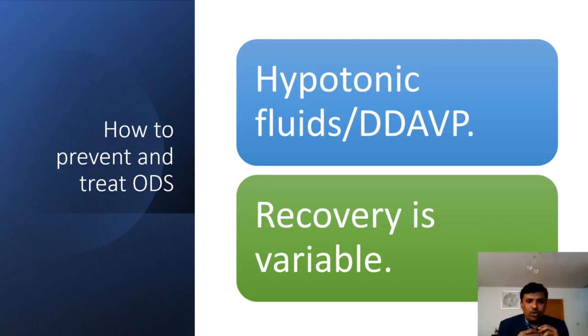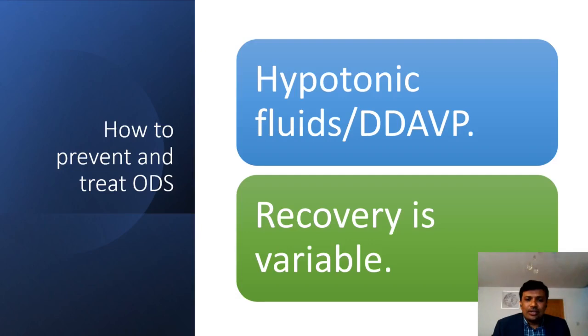Suppose you happen to have overcorrected, what can you do? You can reverse the overcorrection by giving some hypotonic fluid, usually 5% dextrose. You can also give desmopressin or DDAVP to retain as much water as possible, thereby preventing further increase in the sodium.